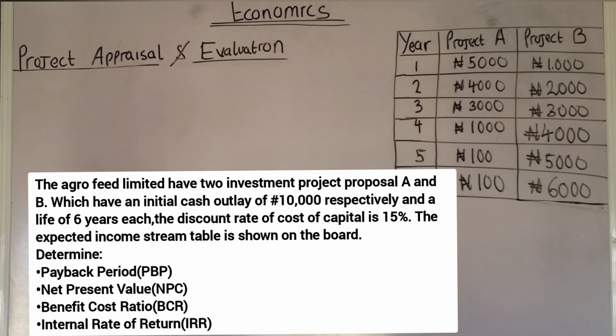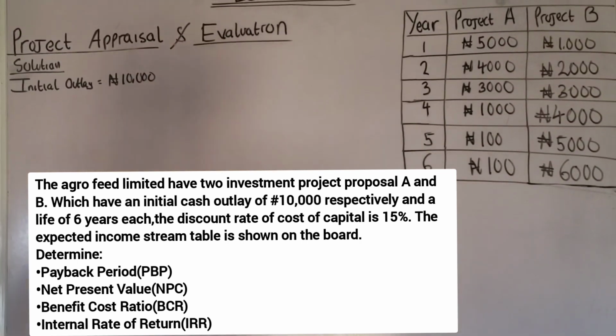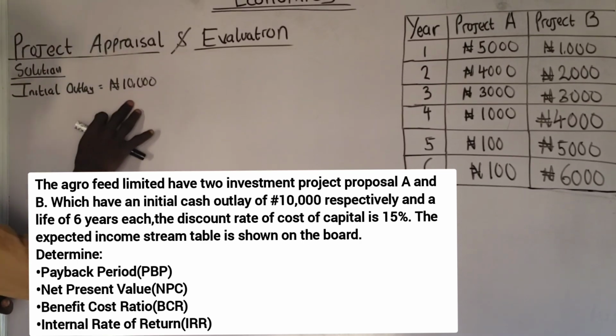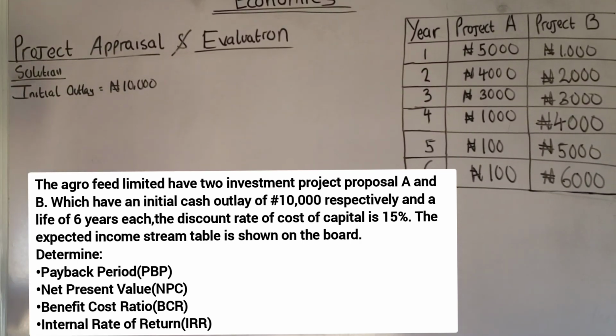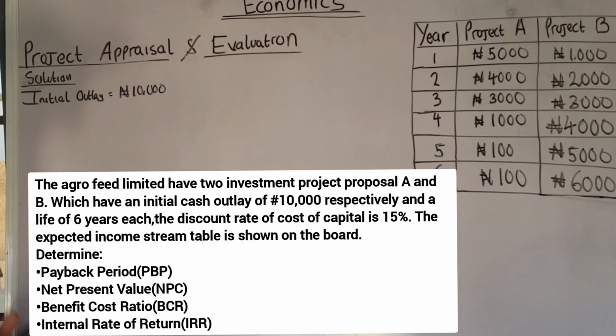Having known the meaning of payback period, from the question, we are given that the initial outlay is 10,000 naira. If you encounter a question that says initial cash outlay, it is also the same thing. Cash outlay is the same thing as initial outlay.